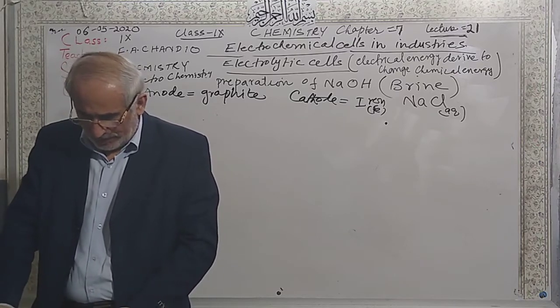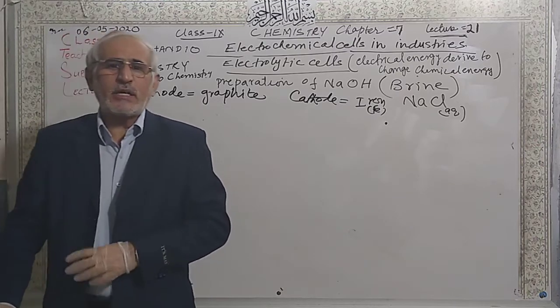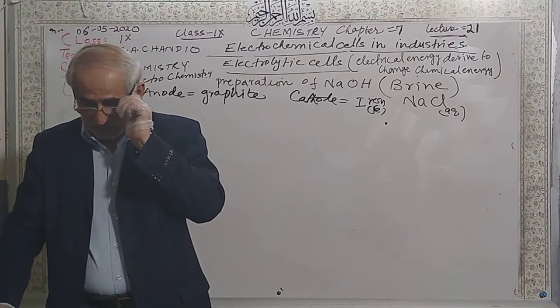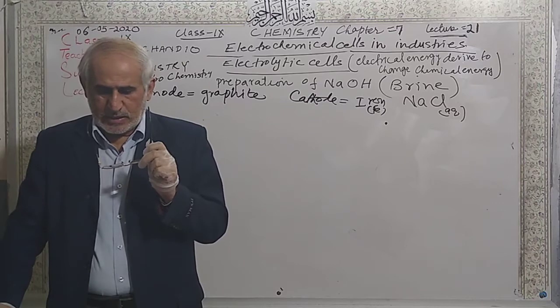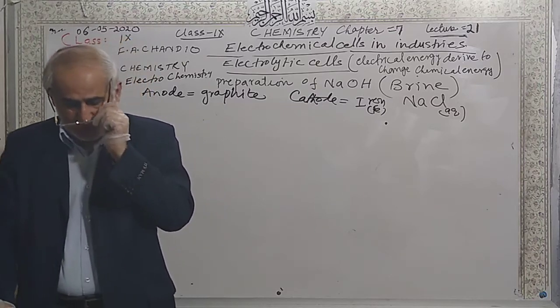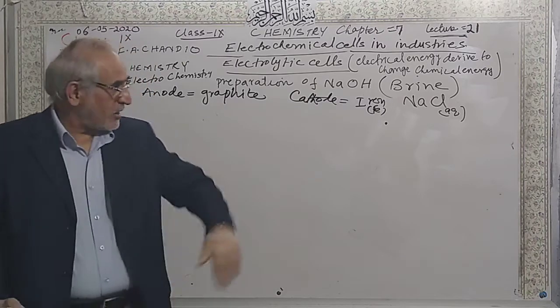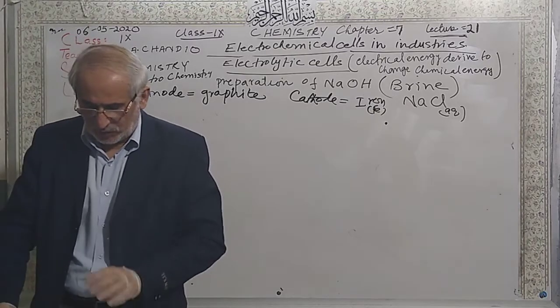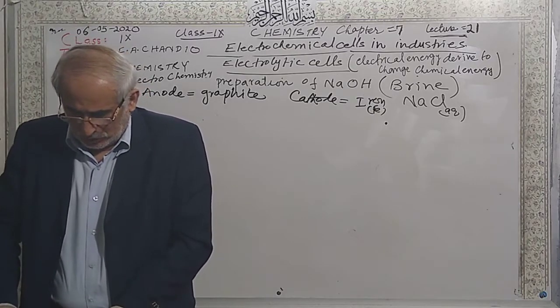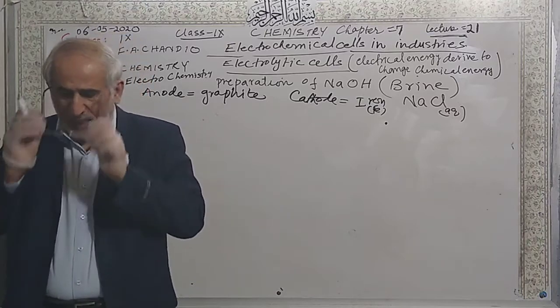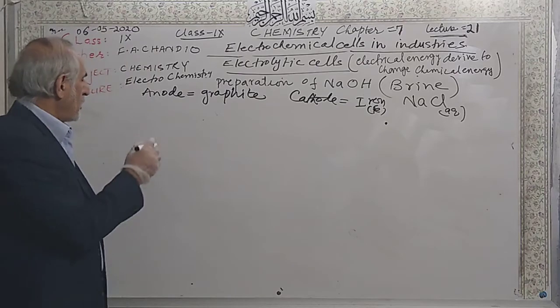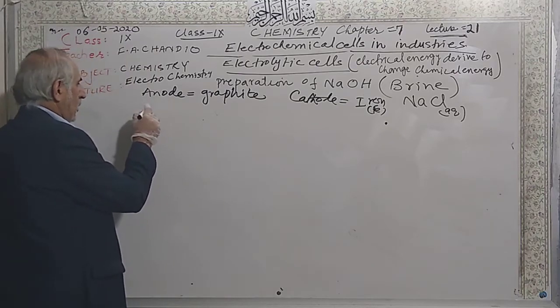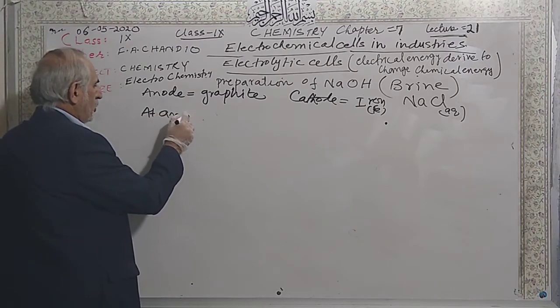If you see page number 174, preparation of sodium hydroxide, article 7.62. During the electrolysis, when we pass electric current, four ions, I told you. It is written here that chloride ions will go towards the anode.